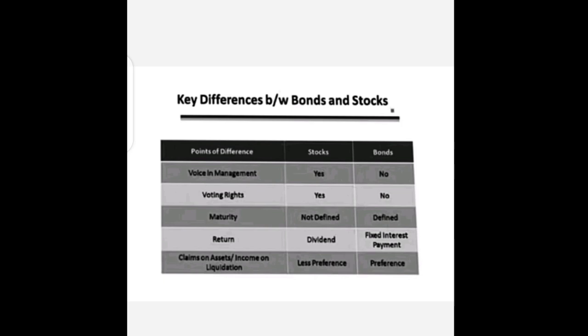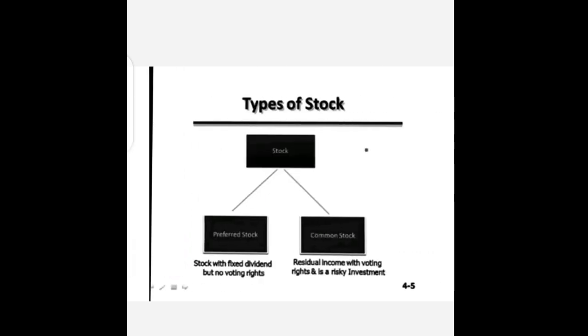Bonds have a defined maturity, but stocks do not. Stocks give returns as dividends, but in bonds we have fixed income payments, the coupon payments. The claim on assets is lower for stockholders and higher for bondholders.